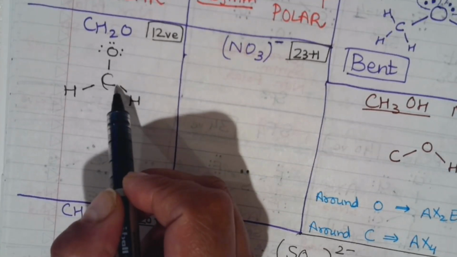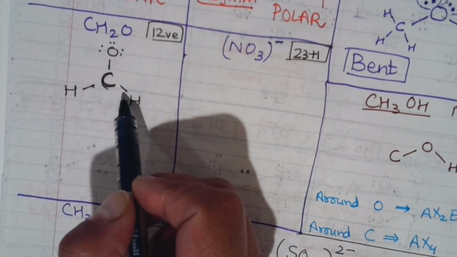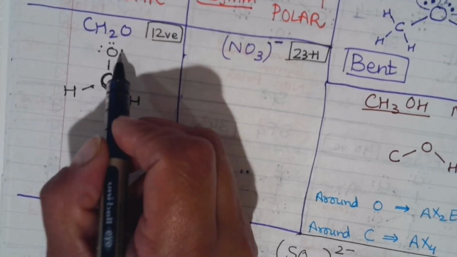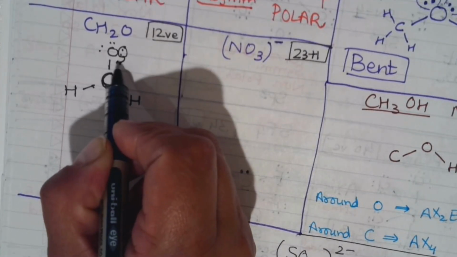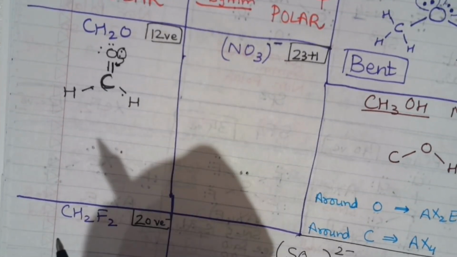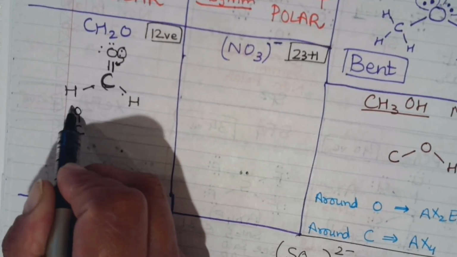But carbon did not complete its octet. Carbon has only 2, 4, 6 electrons. It needs 2 more. So one of the lone pairs on the oxygen is going to make a double bond with carbon, right? So the structure looks like this.